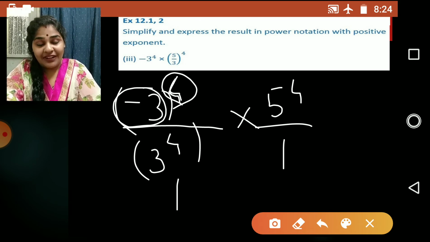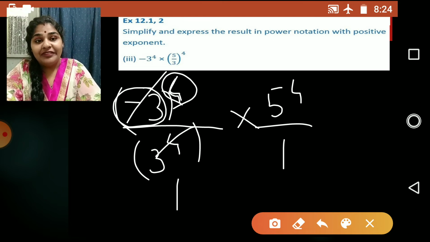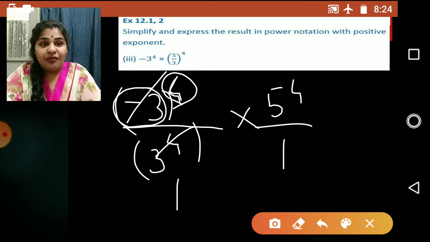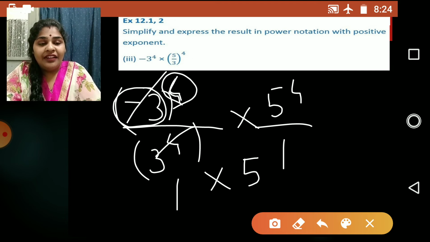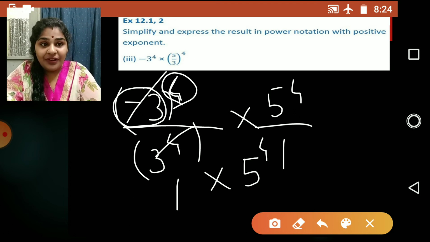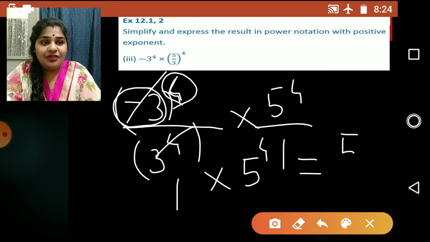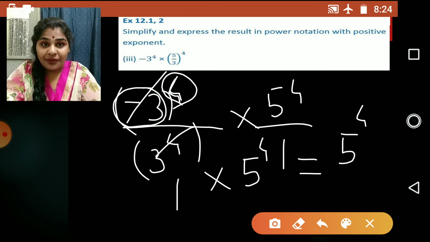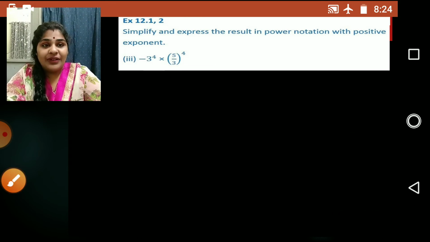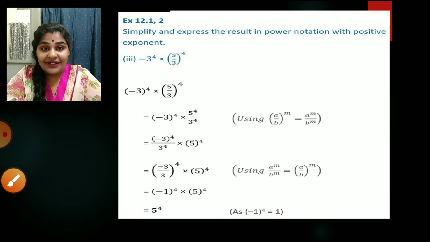This we have seen, right? So anyhow, if the answer is positive, this and this will be cancelled when simplified, and we will get here 1, and 1 multiplied by 5 to the power 4 is equal to 5 to the power 4, right, children? So let us see once again for better understanding.